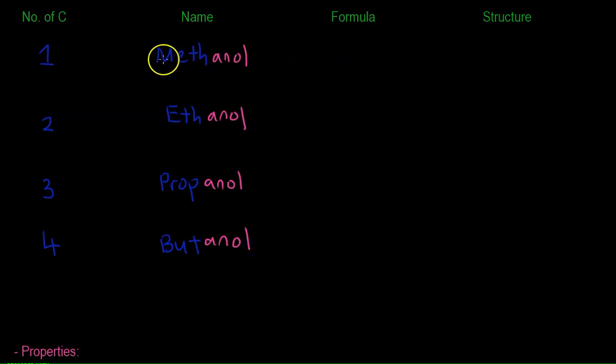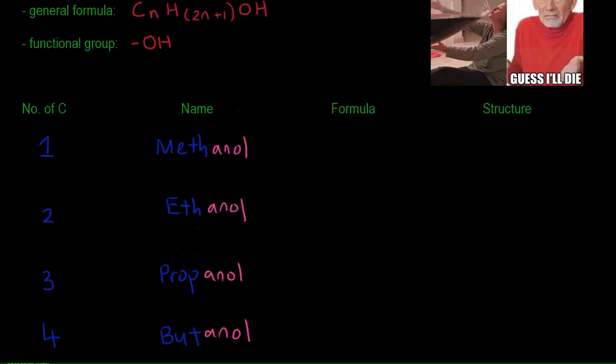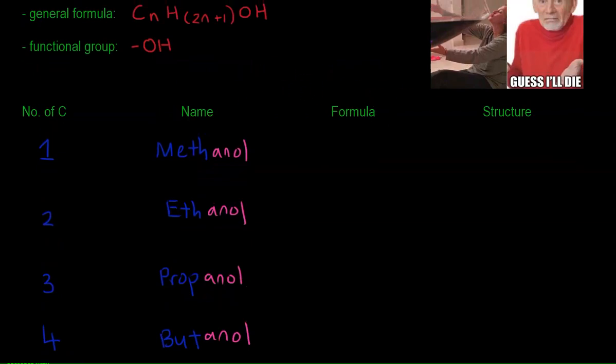The formula will be the general formula. Let me write it here again: CnH2n+1OH. So if you sub in carbon as 1, you will get CH3OH.